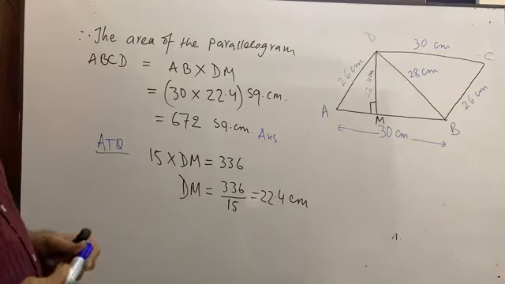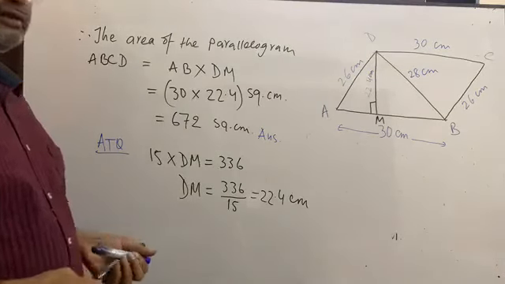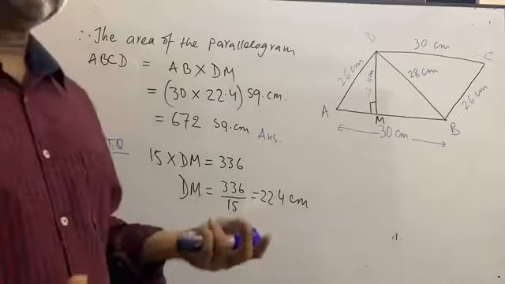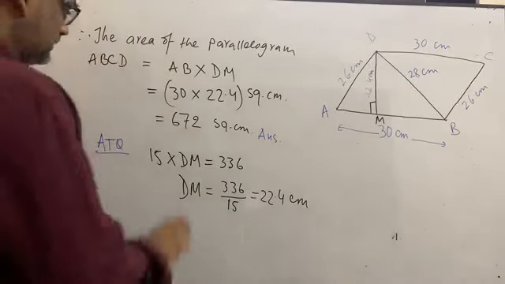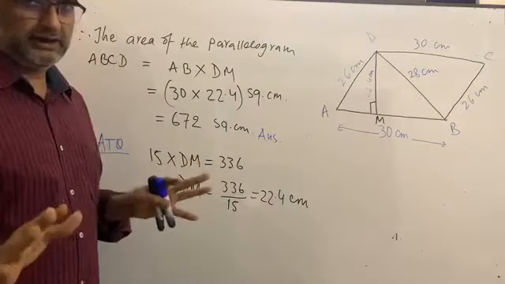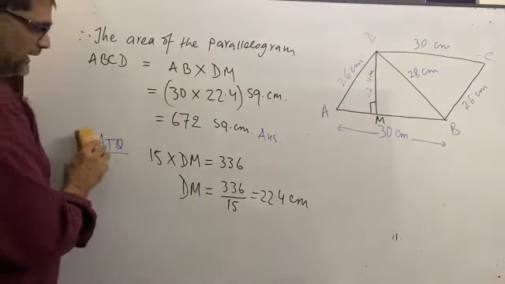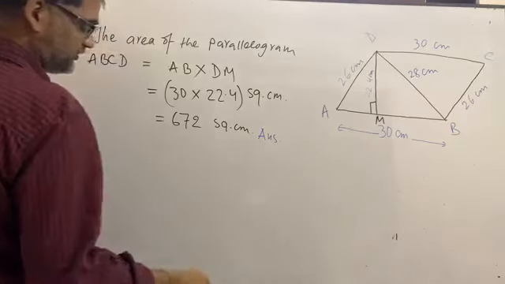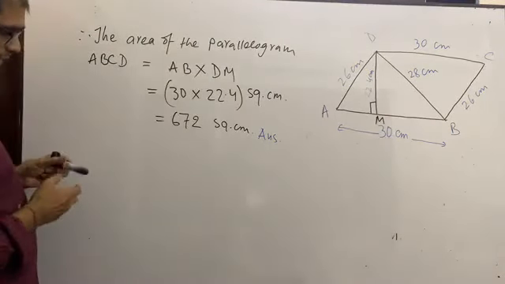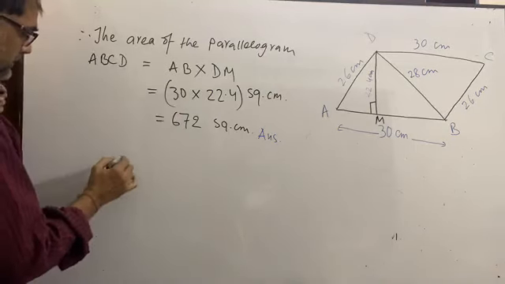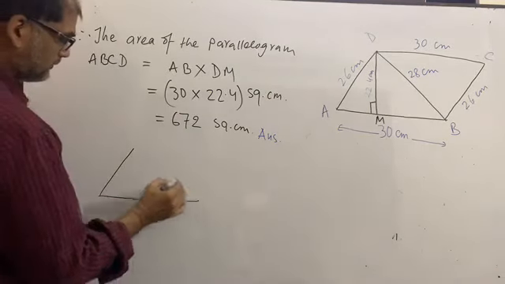Now I want to add, for those who are advanced and prominent students, our math is done, question number B is done here. I want to add something else, please pay attention. Suppose this is a parallelogram.